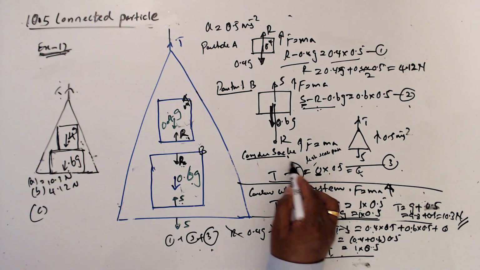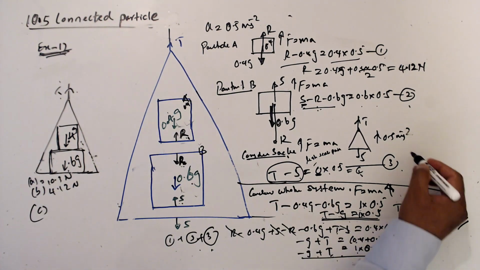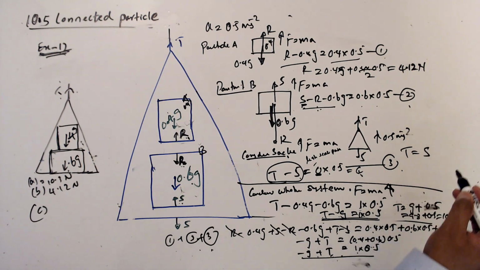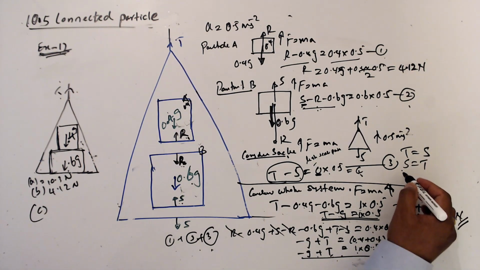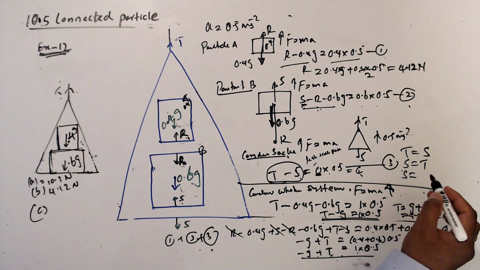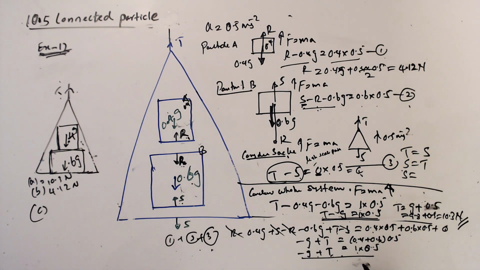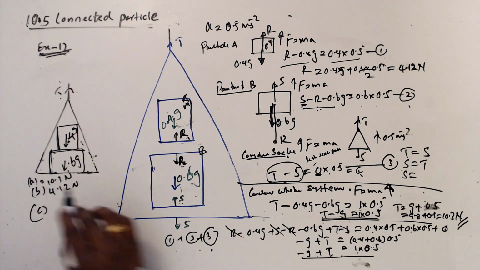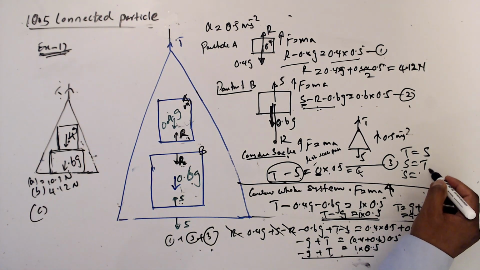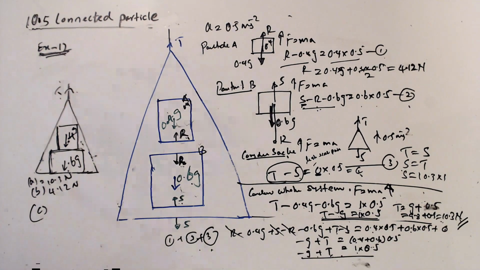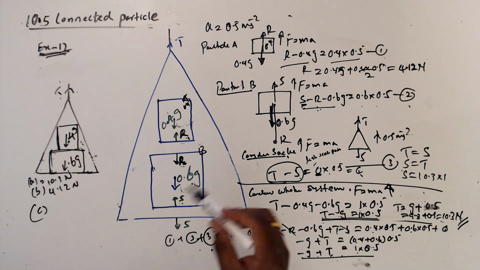Because of that, T equals S from here. Tension equals S. Do we know tension? Yes, we found tension is 10.3 from this. So this is going to be 10.3 Newton. That's all, basically only one thing.